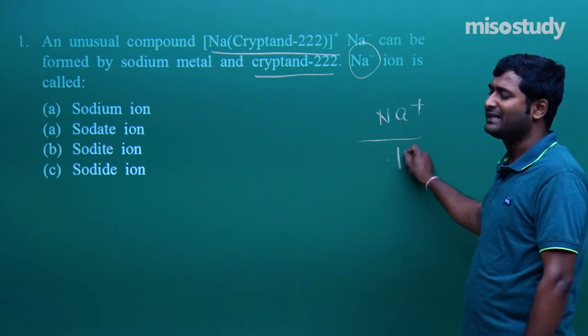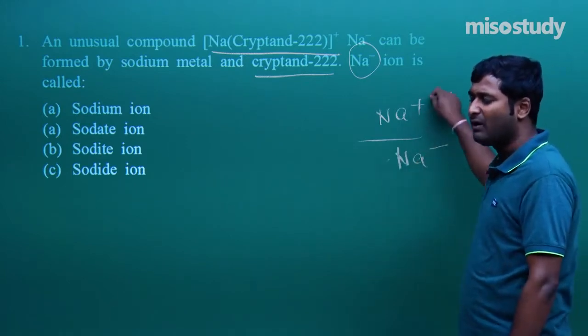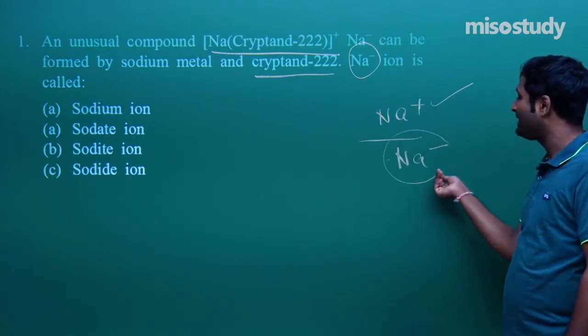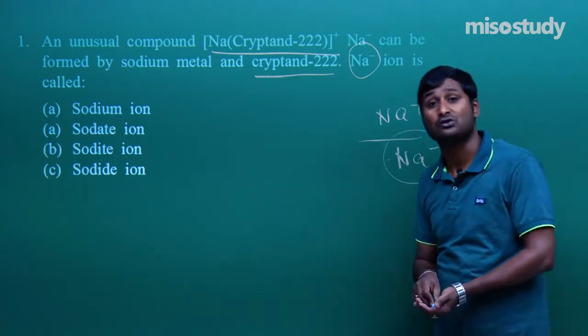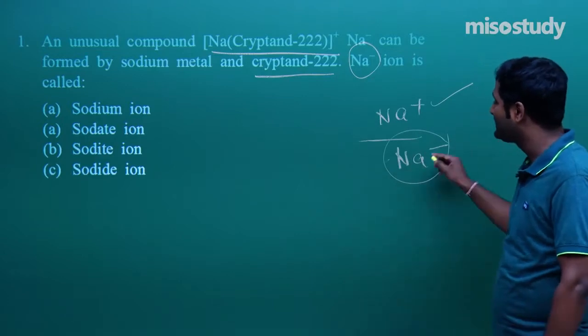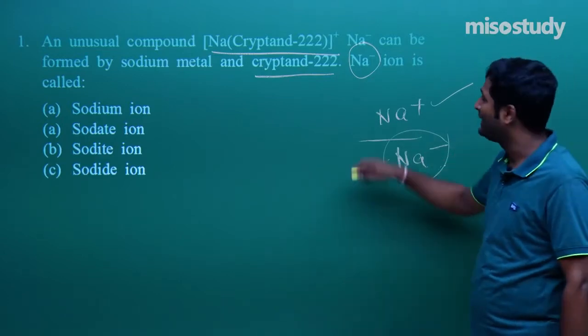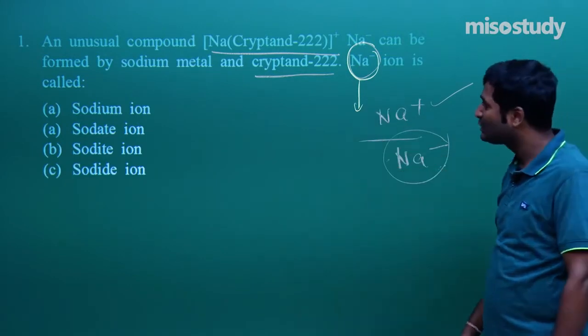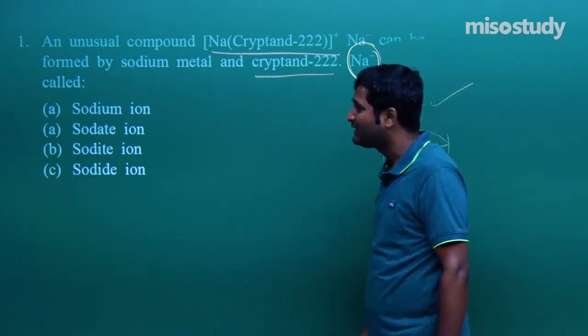In this case, there is a Na minus. The first one is sodium, the second one is, if Na minus, this one is known as sodide ion. Memorize this, it is sodide ion. So Na minus is sodide ion. So what is the answer for this question?